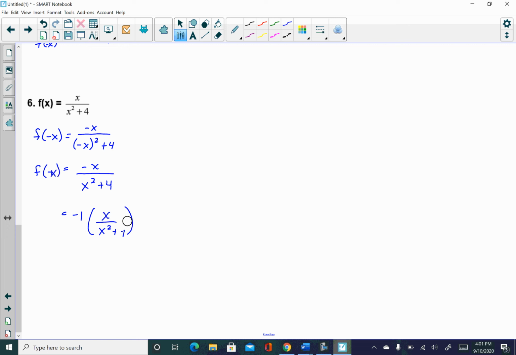Doesn't that really equal the same thing? Right, because if you multiply that negative 1 through, you'd only multiply it up top, and you'd be right where you were in that previous step. So what we've just shown is that f of negative x equals negative x over x squared plus 4, which is negative f of x. So this is indeed odd.